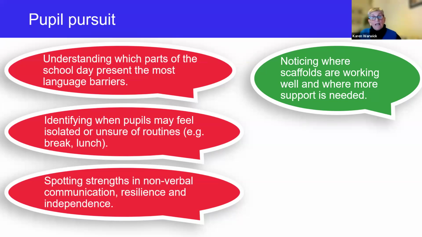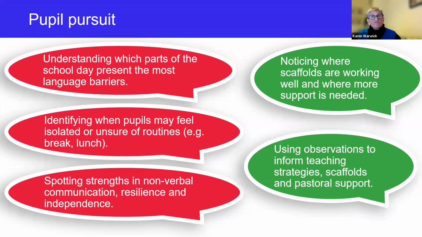So pupil pursuit could help you to notice when things are working, what scaffolds are working and what's not working, and using observations to inform teaching strategies, to build on good practice in the school by completing the observations.